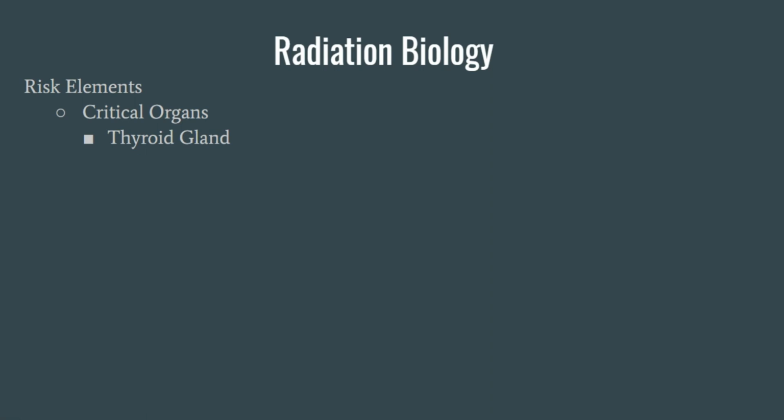The first one we're going to look at is the thyroid gland. It's usually hit by scatter radiation. Your thyroid is not typically hit with the primary radiation beam. It's the scatter radiation that's of danger. Part of the danger is that we don't know what direction it goes, where it bounces off, and what direction it scatters to.